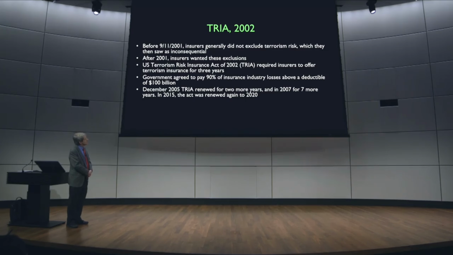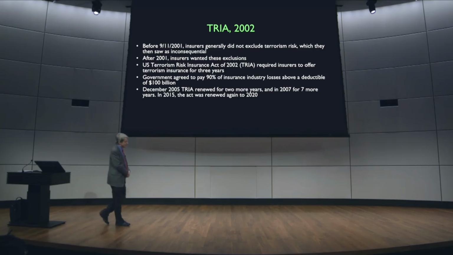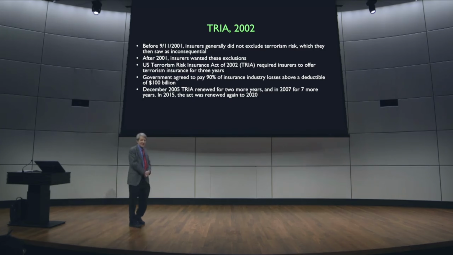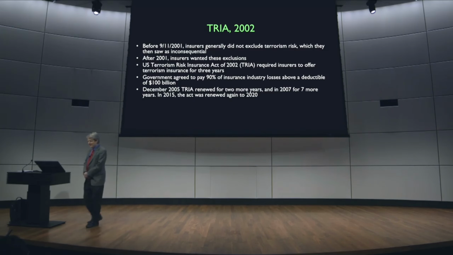Or what would they charge for it? That's the thing, because they don't know where it's going. So the government agreed to pay 90% of the insurance industry losses above $100 billion. So that act keeps expiring and keeps being renewed again.